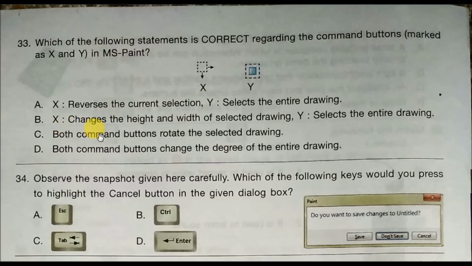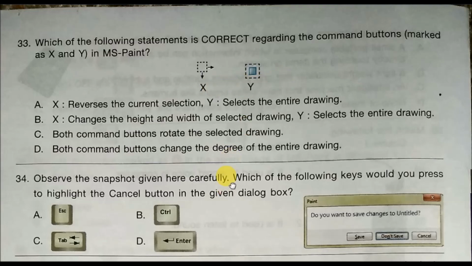Option B, X changes the height and width of selected drawing and Y selects entire drawing. Option C, both command buttons rotate the selected drawing, and option D, both command buttons change the degree of entire drawing. Now you need to think about your answer. The answer is B. X changes height and width of selected drawing and Y selects entire drawing.